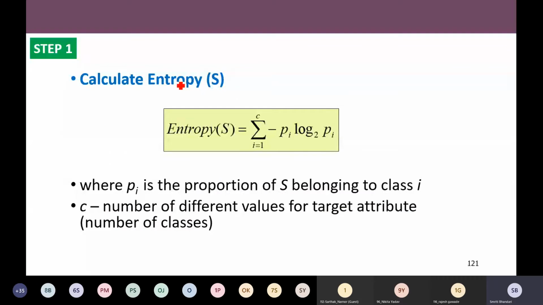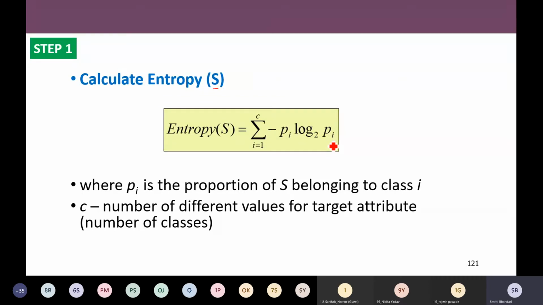In step number 1, we need to compute the entropy for the entire data set. As I stated, S is our data set, and we have seen the formula to compute entropy. Entropy of S is given as summation over i equal to 1 to C of minus Pi log of Pi to the base 2.